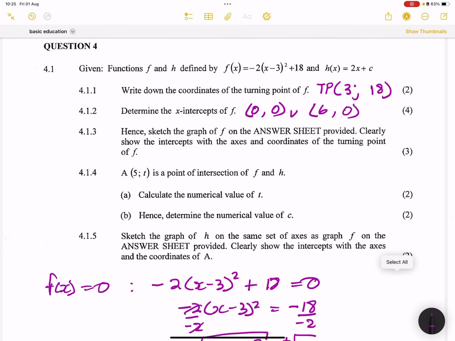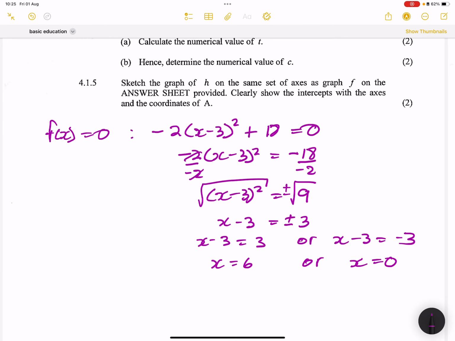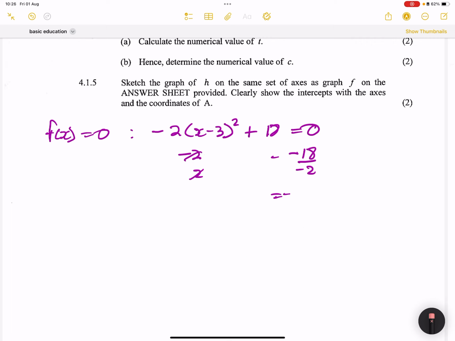Now they say to us, hence, sketch the graph of f on the answer sheet provided. Clearly show the intercepts with the axes and coordinates of the turning point of f. So what would our graph look like? Firstly, we also need the y-intercept, because they said we must show all intercepts.